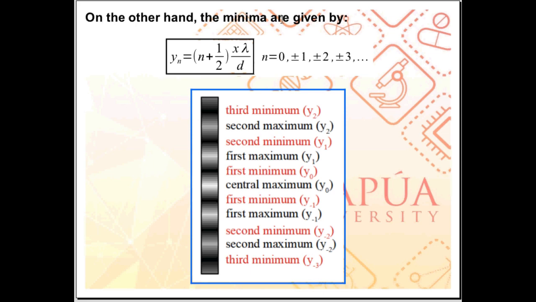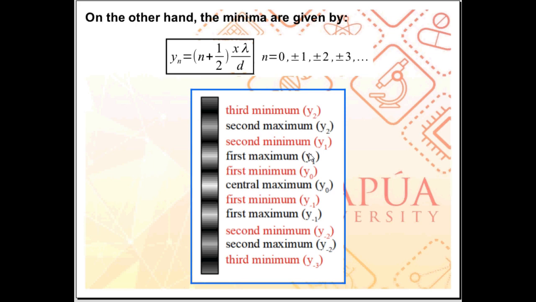For the minima, you also have y0, y1, y2, and so on. y0 is first minimum on this side, y1 is second minimum, y2 is third minimum, and so on. On the other side, it is y negative 1 that is the first minimum, y negative 2 that is the second minimum, y negative 3 that is the third minimum, and so on.